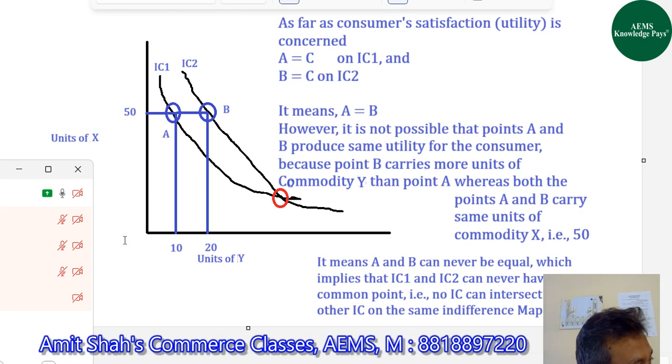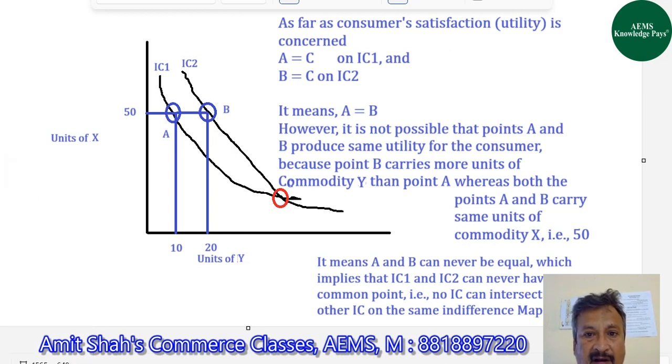Have you got this? Since point B carries more units of commodity Y and commodity X is there in both baskets with the same quantity, that is 50 units, the consumer will have more utility from point B than point A, right? Now complete this, guys.